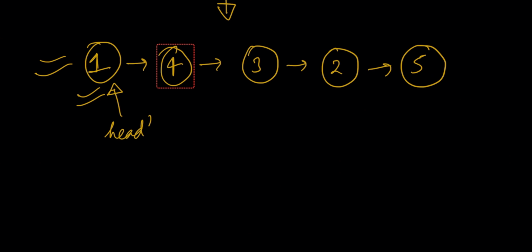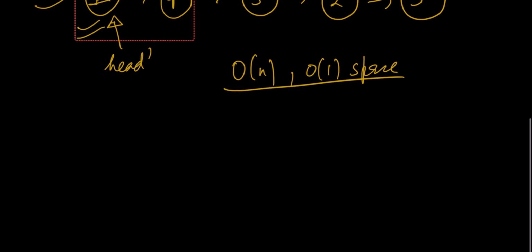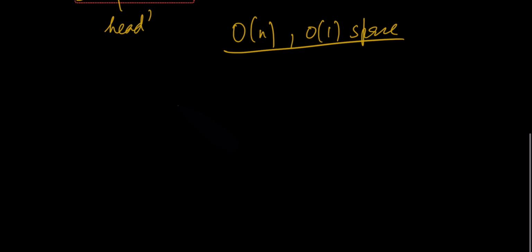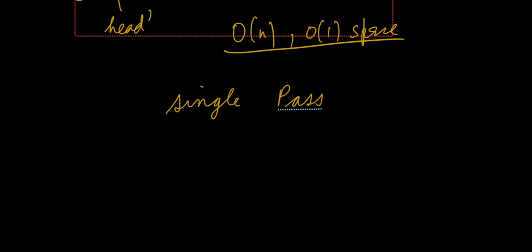Another constraint is that we have to do this question in O of n time and O of 1 space, and we have to use something called a single pass. What single pass means is we have to iterate over the linked list only once.